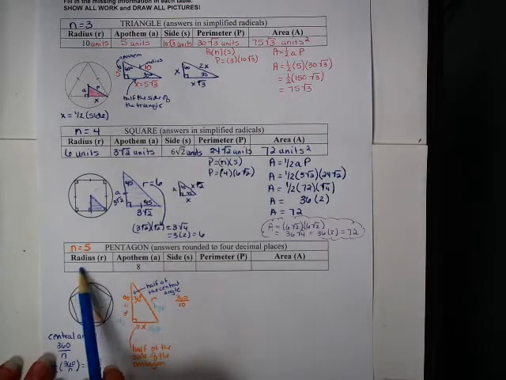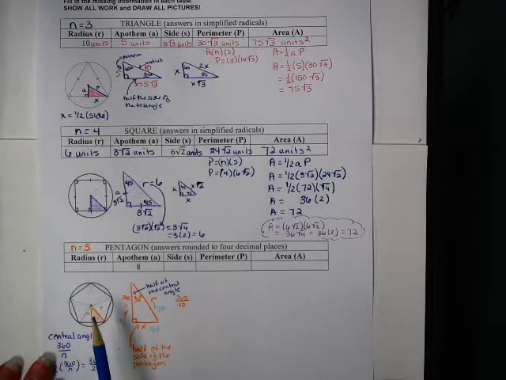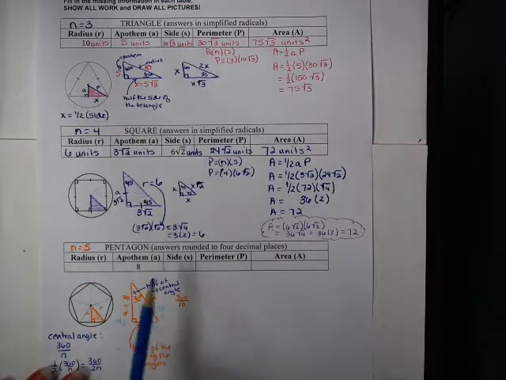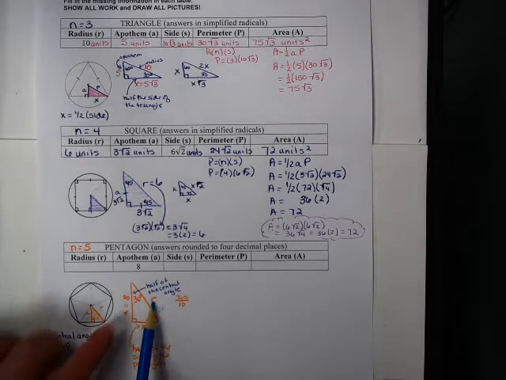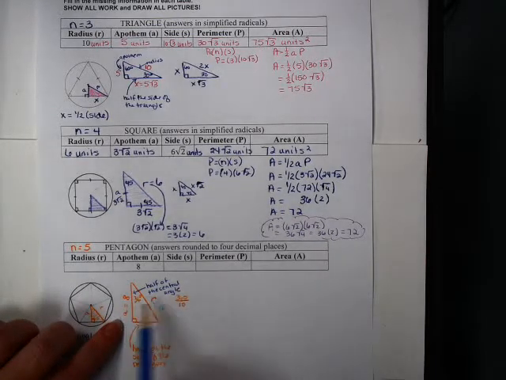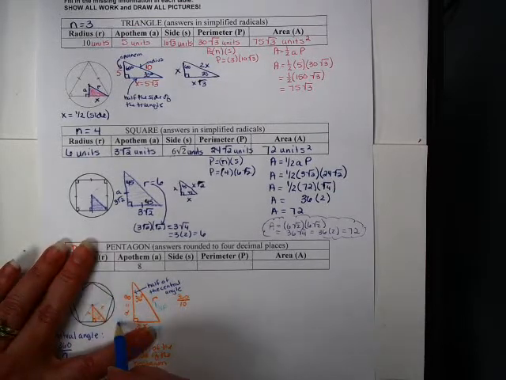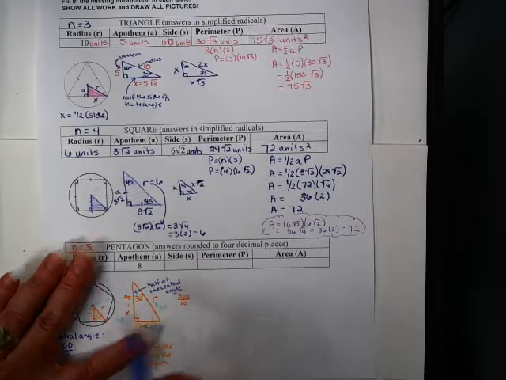Alright, so I'm going to find my radius first, because that's first on the chart. I can find whatever I want, but that's what I'm going to look for first. So that means I need to find the hypotenuse of this triangle. So hypotenuse, I know my adjacent. Remember, adjacent and hypotenuse, adjacent over hypotenuse, that's cosine.